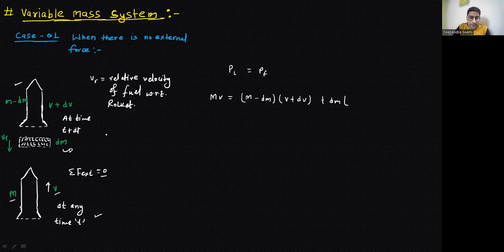See that the velocity of the fuel is given with respect to the rocket. So we can write that the velocity of fuel with respect to rocket is equal to velocity of fuel minus velocity of rocket, and the velocity of the rocket is v plus dv.